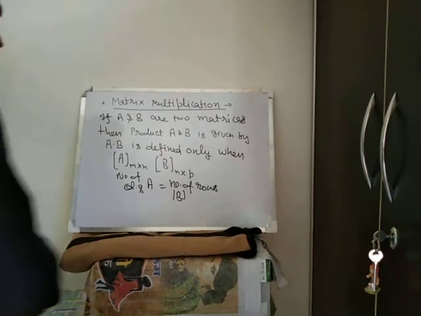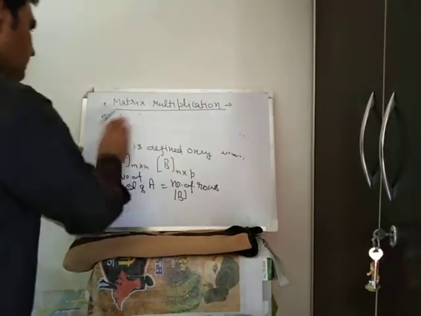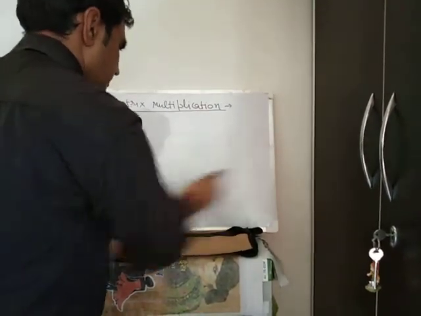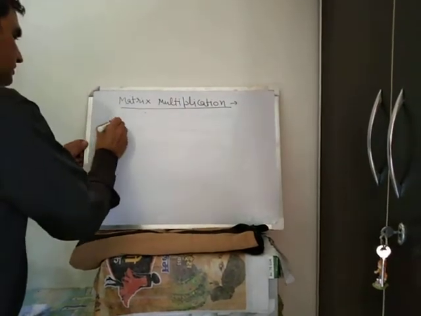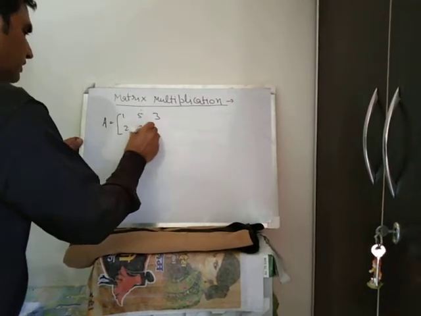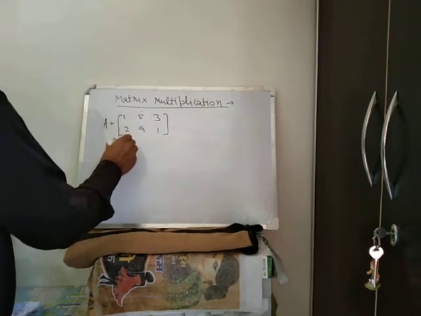Like, if A is 1, 5, 3, 2, 9, 1, it means its order is 2 by 3.